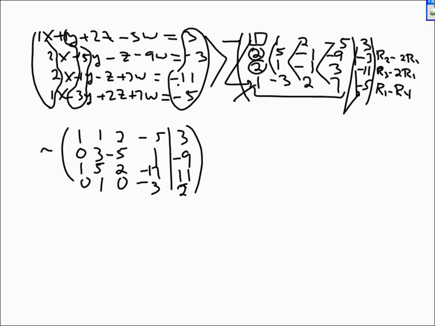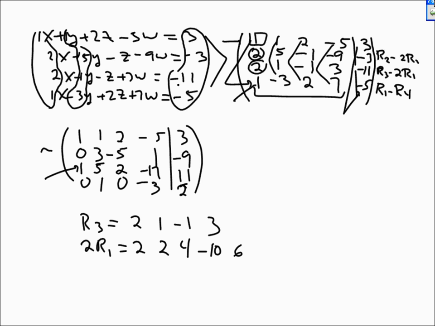Okay, now, something obviously went wrong because I have a 1 there. And that's in row 3. Let's do it again. Row 3 take away 2 row 1s. Row 3 is 2, 1, negative 1, 3. And 2 row 1s will be 2, 2, 4, negative 10, 6, and this is negative 11.